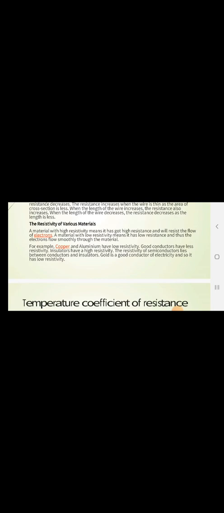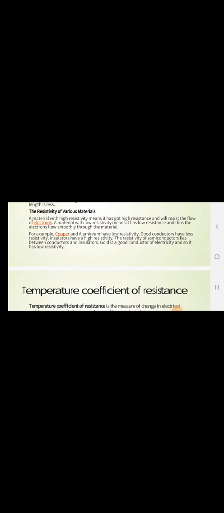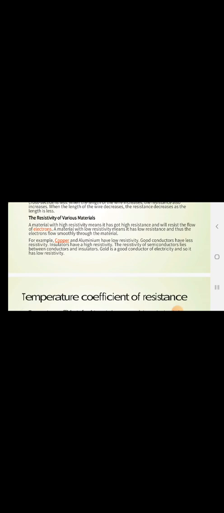Copper and aluminum have low resistivity, so that's why they are good conductors. So good conductors have less resistivity. So copper, aluminum, iron, gold, these are all low resistive materials where the electricity can flow very easily.